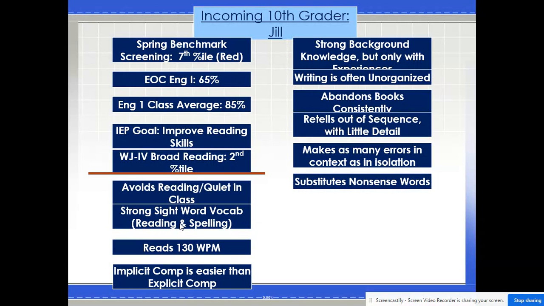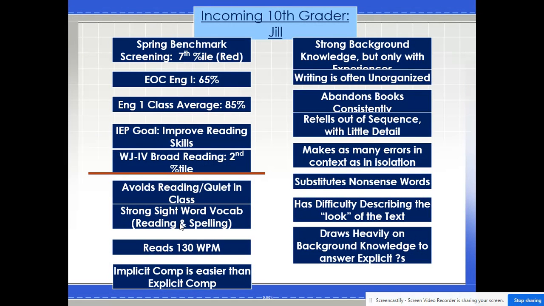Substitutes nonsense words. So when she's reading aloud, she just makes up words. Has difficulty describing the look of the text. And she draws heavily on background knowledge to answer explicit questions.